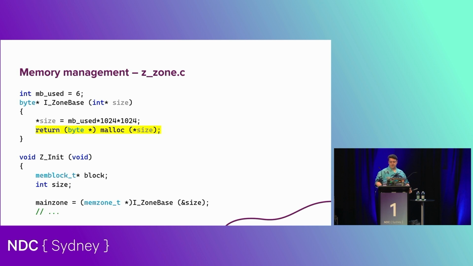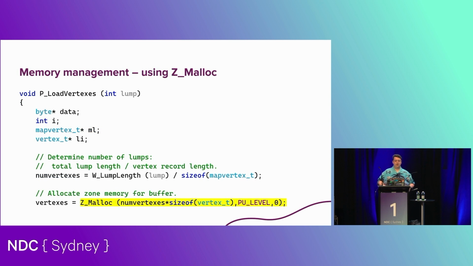And to do this, id Software created another method called zone memory allocation, Z_Malloc, to say, hey, I'm loading a level, and part of my level is the vertices where all of the lines will go. I now need enough memory in that zone for the number of vertices times the size of one vertex.